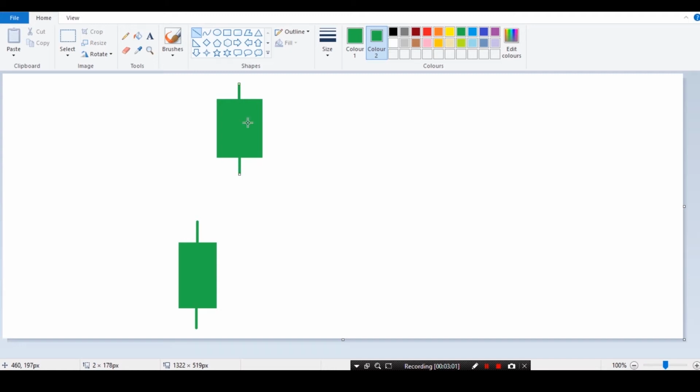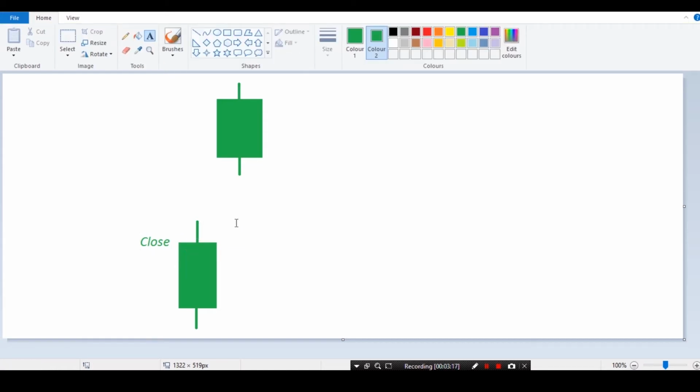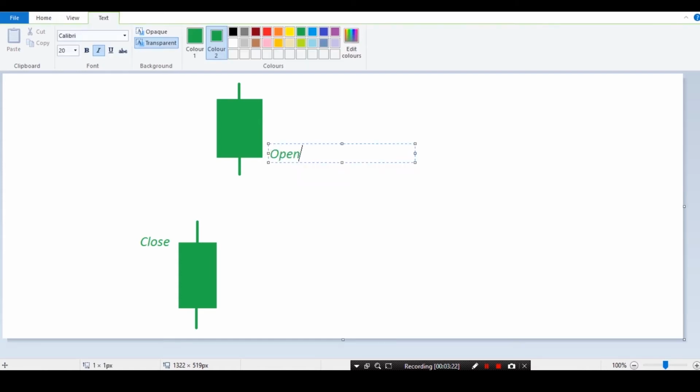Now you try to figure out whether a gap is up or down by looking at the close of the candlestick that was before the gap and the open of the candlestick after the gap.